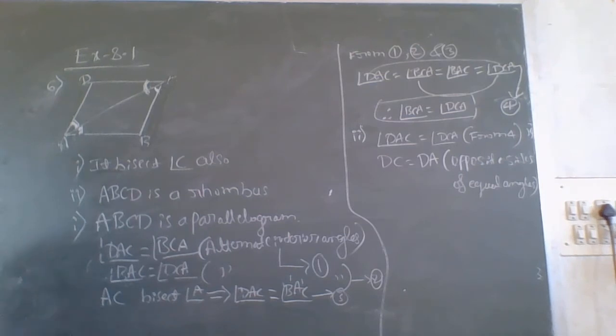So now we know that DC is equal to DA, and it is given that ABCD is a parallelogram. If ABCD is a parallelogram, then opposite sides are equal. AB is equal to CD and DA is equal to CB.